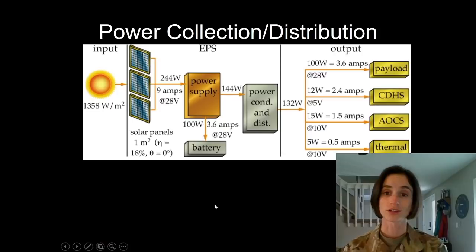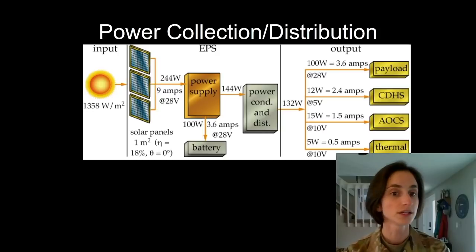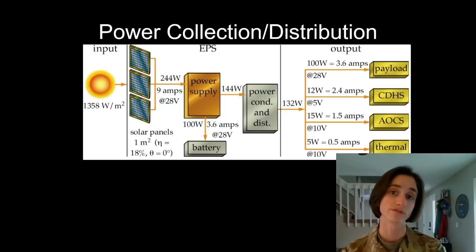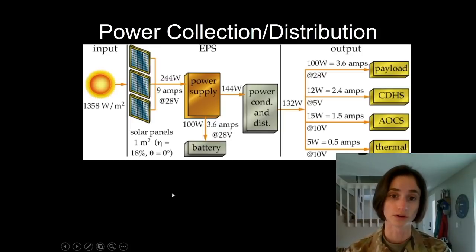So, let's talk a little bit about collection and distribution, and a little bit of a broken out flat sat here. You've got your sun on the left, that 1358 watts per meter squared, pumping down on your solar panels. And then, depending on how much square footage, or I guess here, square meterage, anyway, it's going to put out a certain amount of power in watts to your power supply.